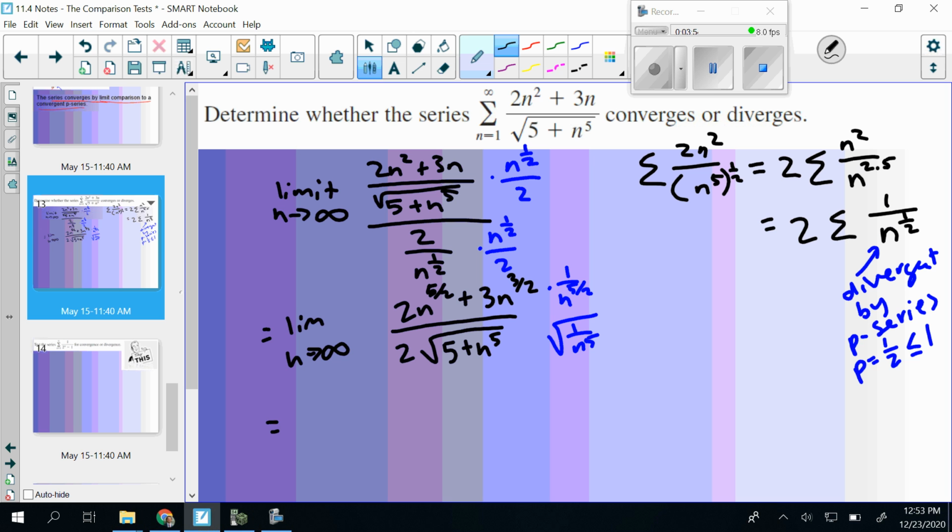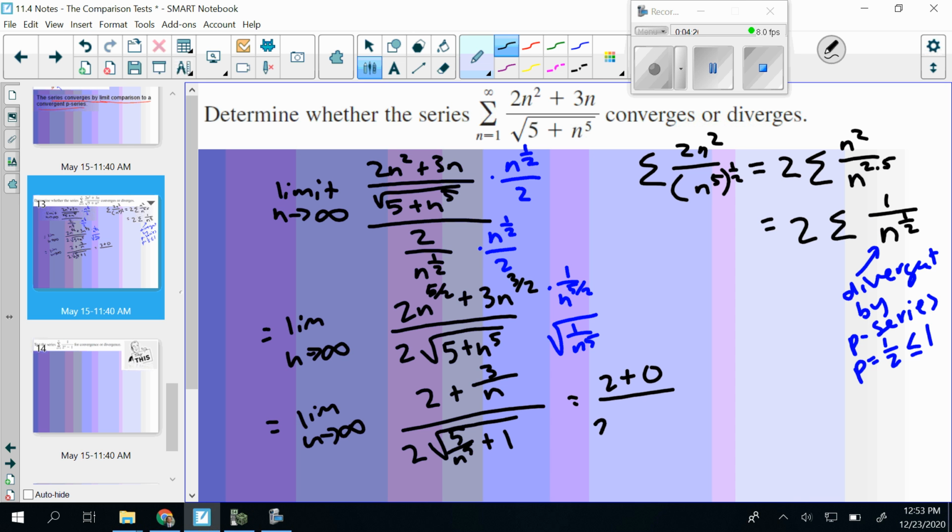So that makes our limit just 2 plus 3 over n. On bottom we got 2 times the square root of 5 over n to the fifth plus 1. Evaluating that, two of those terms are going to go to 0, so it's just 2 plus 0 on top. On bottom we got 0 plus 1, and the square root of 1 is 1. This ends up being 2 over 2, or just 1.